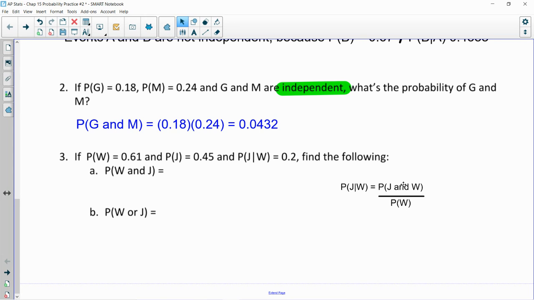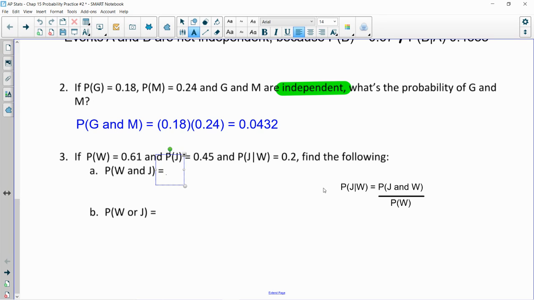So if I wanted to solve, I can imagine making this into a proportion, putting it over 1, and taking cross products. What that means is the probability of J and W, which is right here, is this conditional probability times the probability of W. So let's put that together.